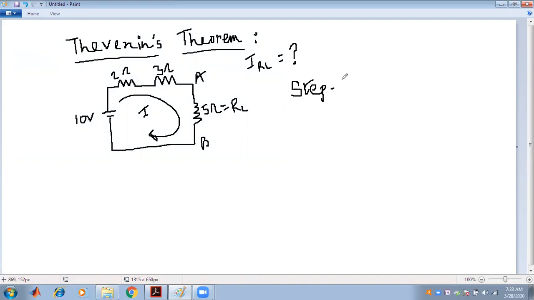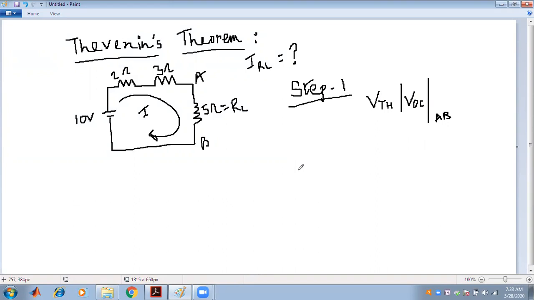Step 1 that is suggested: we have to find the VTH, that is the Thevenin voltage, or VOC, that is the open circuited voltage across the terminal AB.